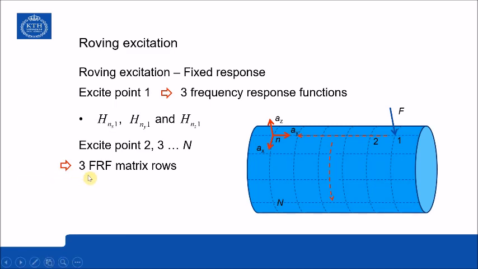So each one of these rows corresponds to 1 fixed response measurement. So let's say we organize them like this as row vectors.